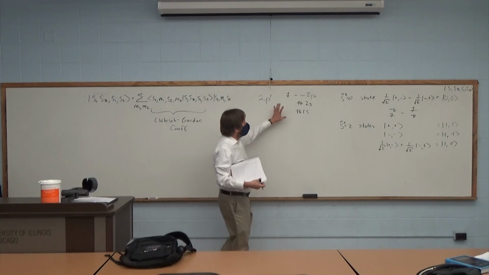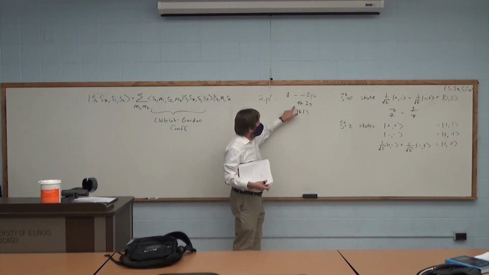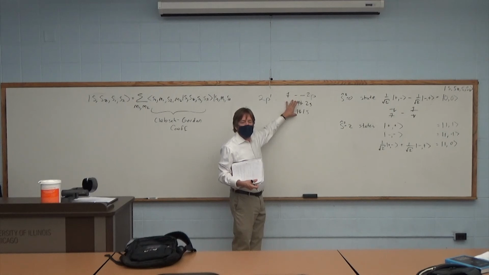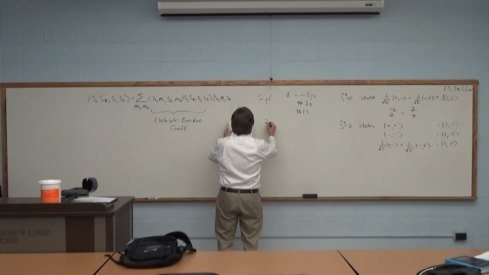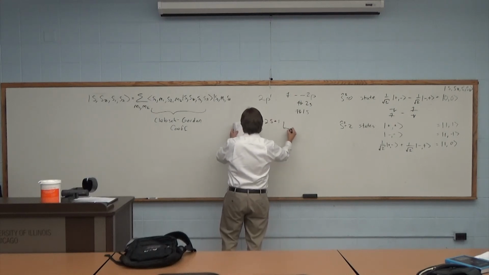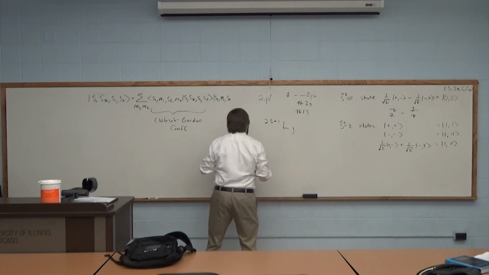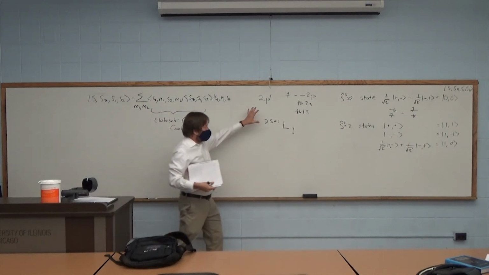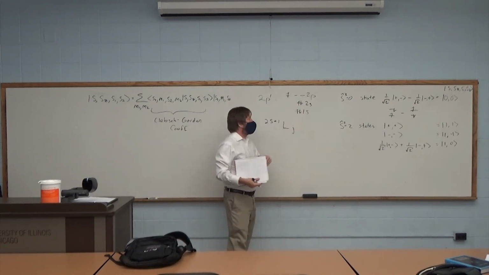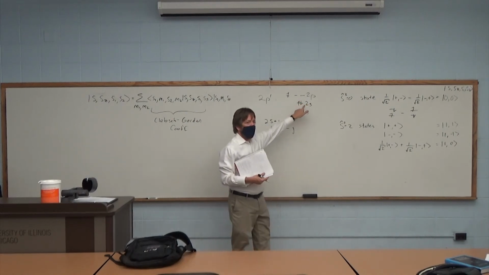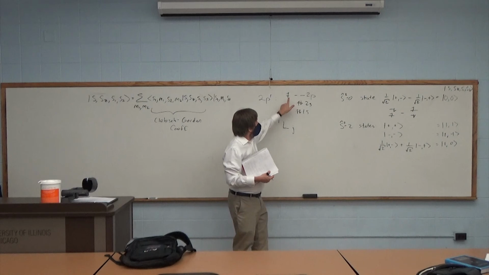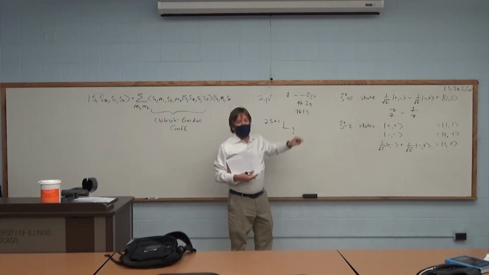Here, I don't have to add 2 s's because all my lower states are filled and all these angular momenta are 0. And I don't need to even consider that when it comes to creating a designation for that, which again will be a term symbol. I need to create a term symbol for this. I need to actually think about every term symbol because I've got 1, 2, 3, and then I've got them. Actually, I have 6 of these, right? Up, up, up, down, down, down. I have 6.